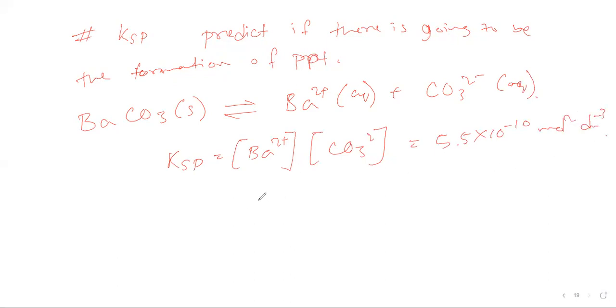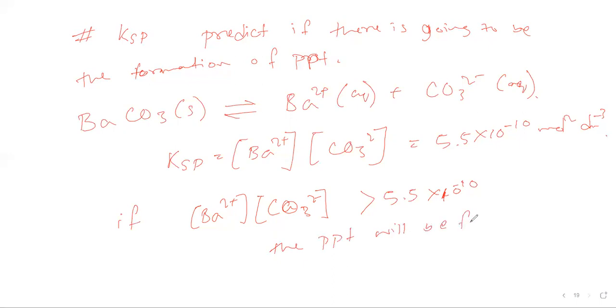Now if whatever concentrations we are provided with give a product greater than this 5.5 x 10^-10, then precipitate will be formed. But if the value is less than 5.5 x 10^-10, then no precipitate will form.